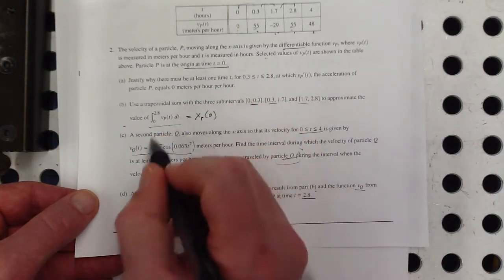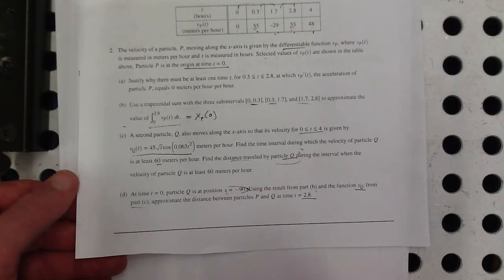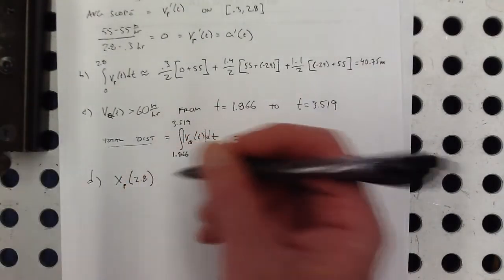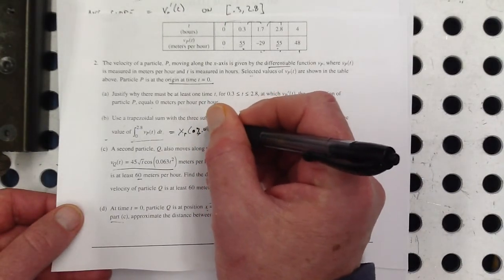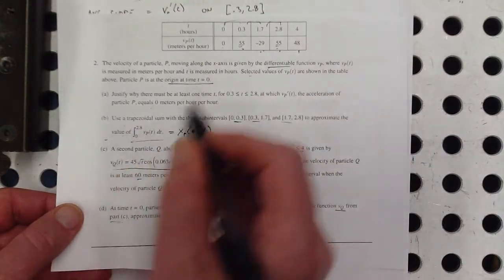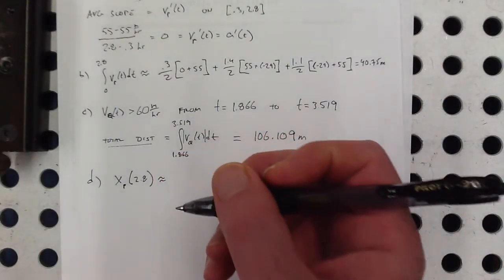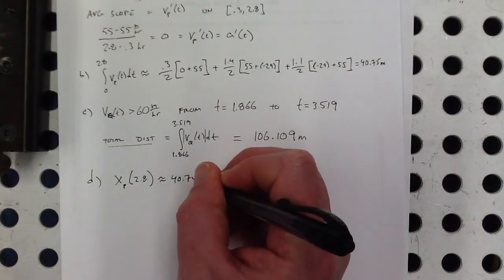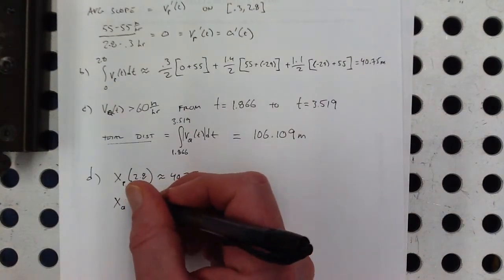If it didn't start at the origin, I just have to add that initial value, so I didn't make the fundamental mistake of calculus. Sorry, that's not at 0, that's at 2.8, that's what I meant. Right, that's what we found when we found that area. So that's approximately 40.75.